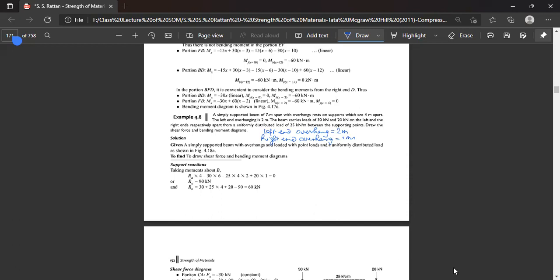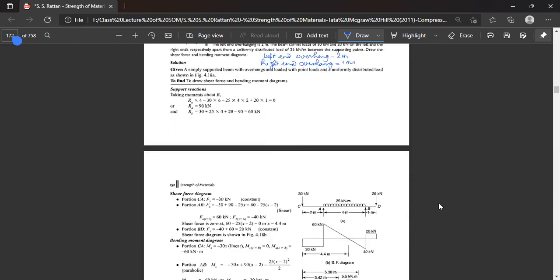Now what is given here: this is the length 2 meter from end C to A. This is 1 meter from B to D, and it is carrying a load of 30 kilonewton at end C and 20 kilonewton at end D, and it is also carrying a load equal to 25 kilonewton per meter from A to D.